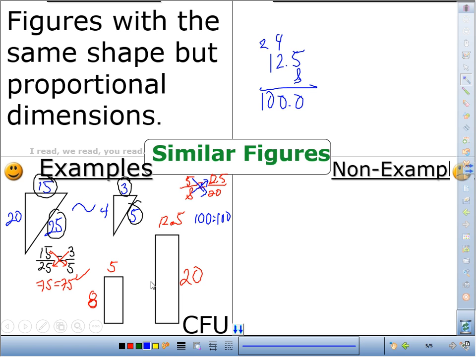So what are these? They are proportional. So if they are proportional, that means that this one is what? Similar to that one. We're not saying equal. We're saying that they are what? Similar. Everybody with me? Okay. So, above or underneath this term similar, I want you to put the little symbol that we use.